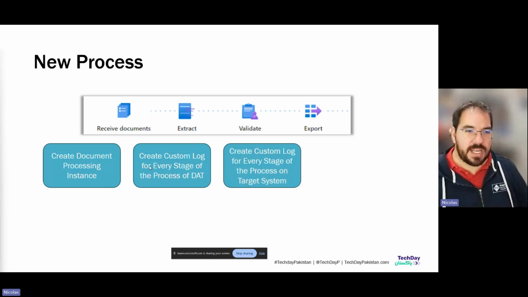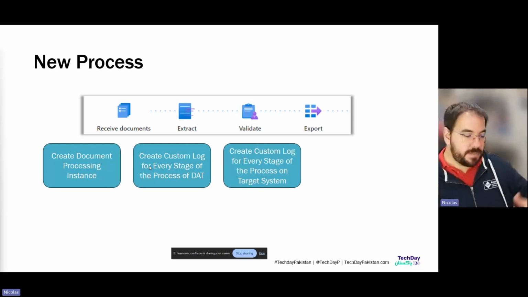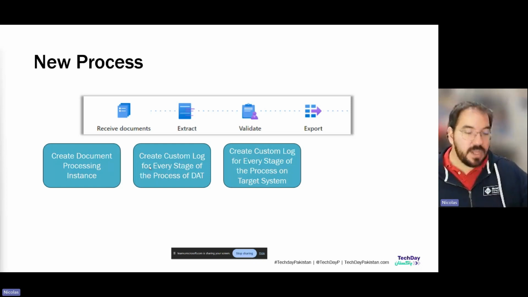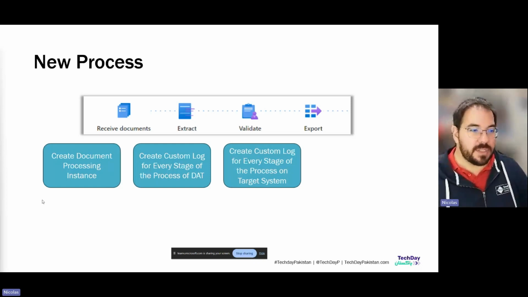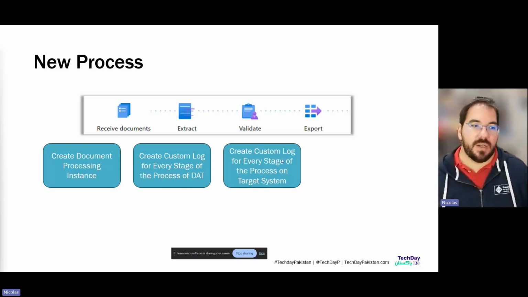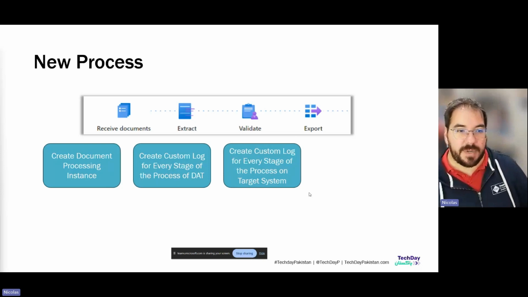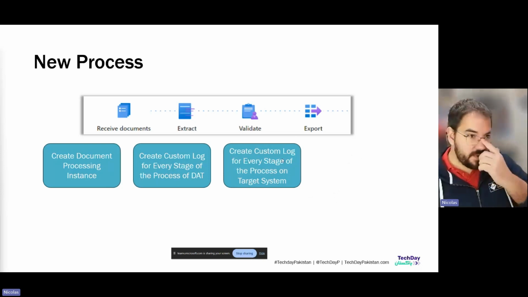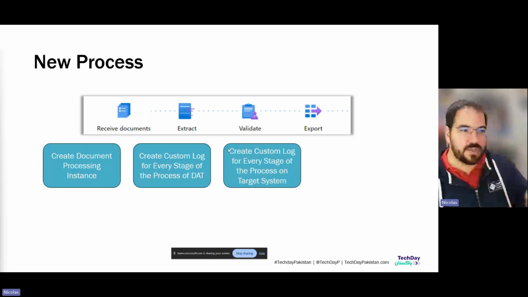Then you can create a custom log for every stage of the process on the target system. Using the invoice example again, you have everything that's happening on the Document Automation Toolkit. You can extend with the approval process here. Then it will go to SAP. Maybe you create it, or maybe the approval process happens in SAP, and that's a common scenario as well, right? And following on your question, you could have Power Automate approvals directly on SAP.